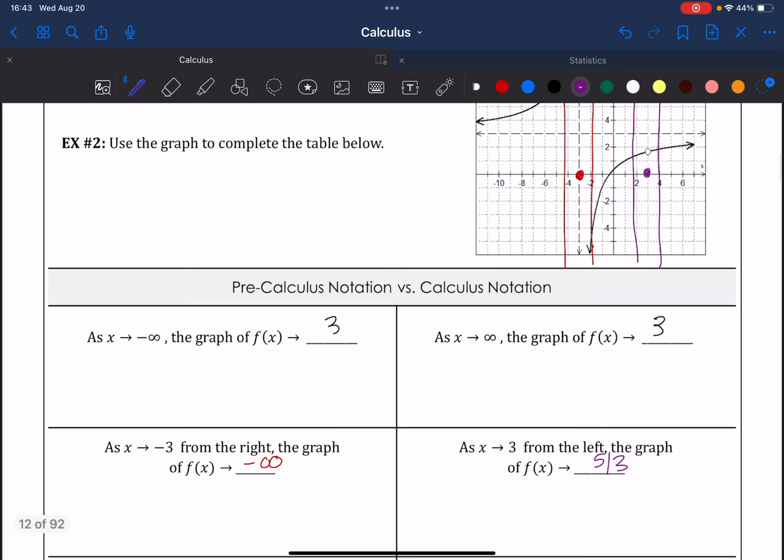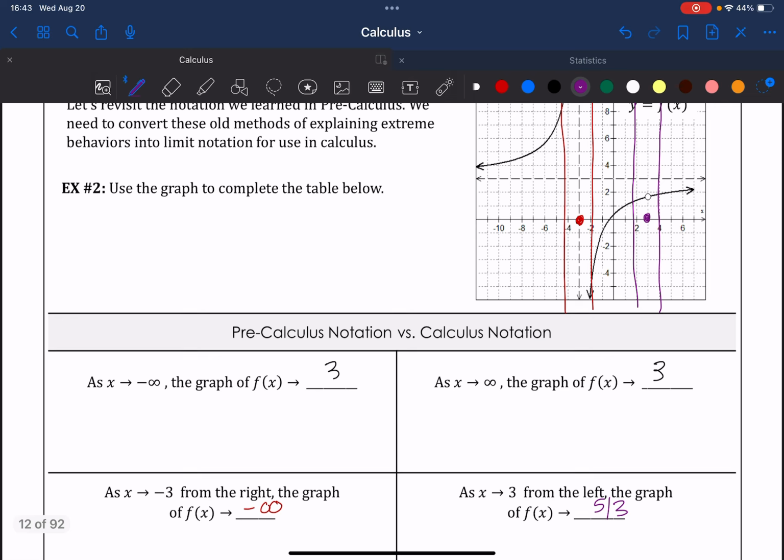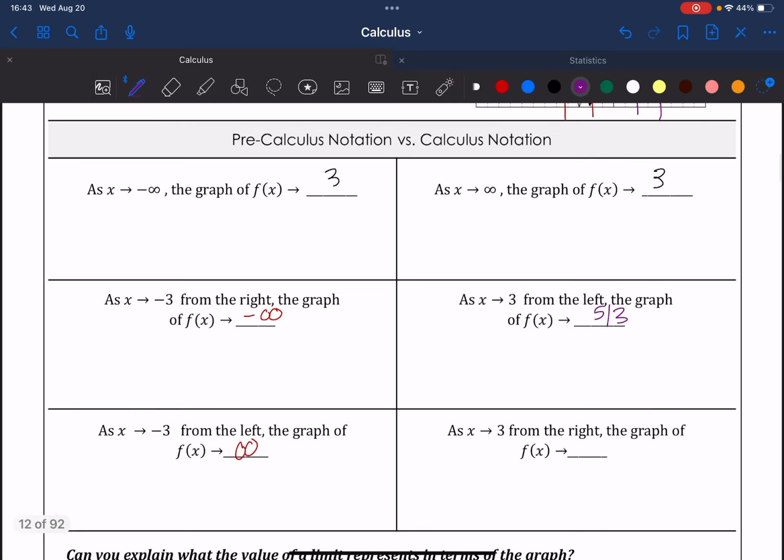And then you'll notice, even when we're looking on the opposite side, the right side, as we are approaching 3, it's still approaching that y value of the hole, which is 5/3.